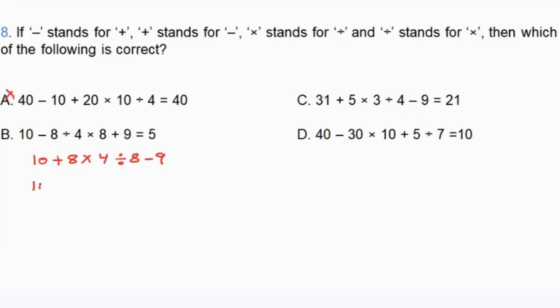So this becomes 10 plus 8, times 4. Okay, first we need to do this division. 4 divided by 8 gives us 1 by 2. 1 by 2 minus 8. When we solve it, we get 10 plus 4 minus 9. 10 plus 4 is 14. 14 minus 9, we get 5. Yes, this is the correct option. So option D is the correct answer.